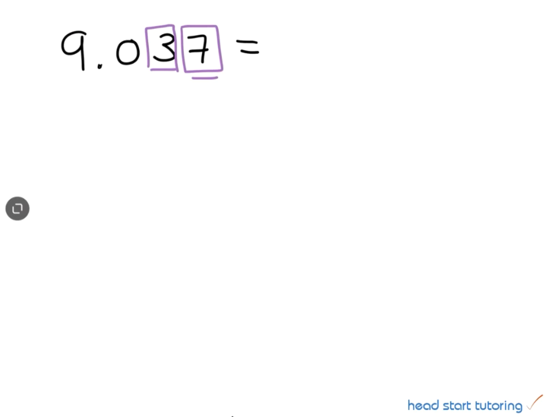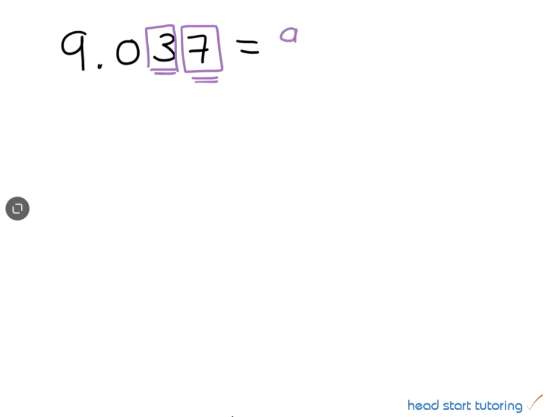So at the moment it's 3 hundredths. We are going to add 1 more hundredth to the 3 hundredths to get 4 hundredths, and that is because of this 7. We are going to round this number up.